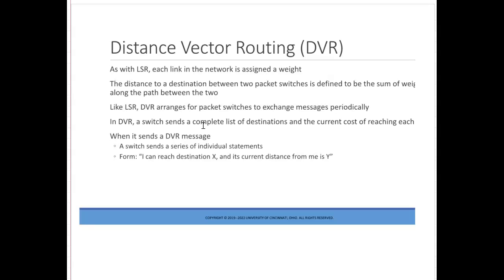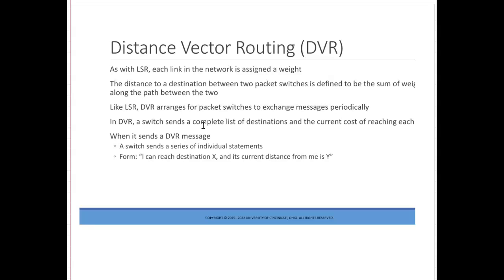However, in DVR, a switch sends a complete list of destinations and the current cost of reaching each. When it sends a DVR message, a switch is sending a series of individual statements of the form, "I can reach destination X, and its current distance from me is Y."